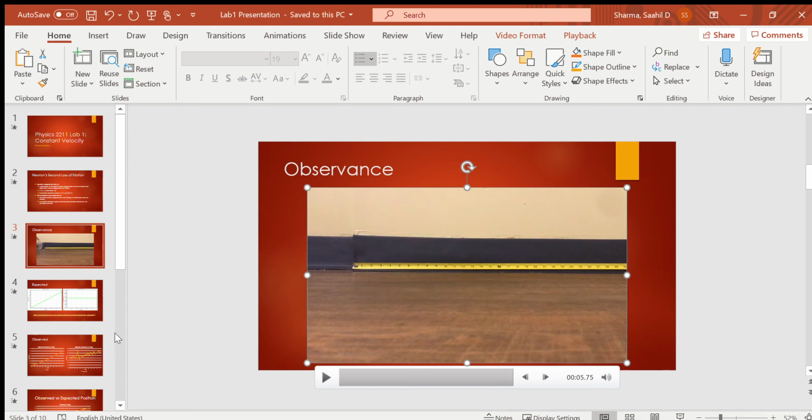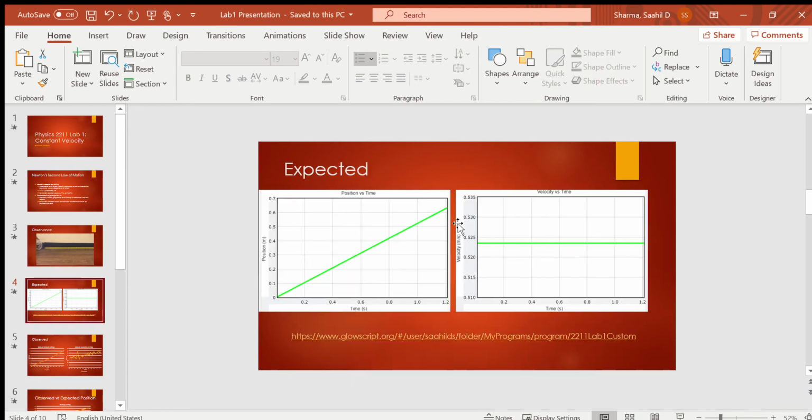So now we go back and make a computational model of what Kirby's motion should look like for position and velocity. To do this, we used the average velocity that we calculated from displacement over time, and we created this computational model where we derived these two graphs, and we have position and time data using this code.